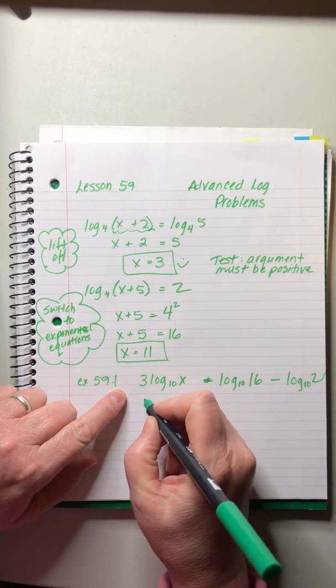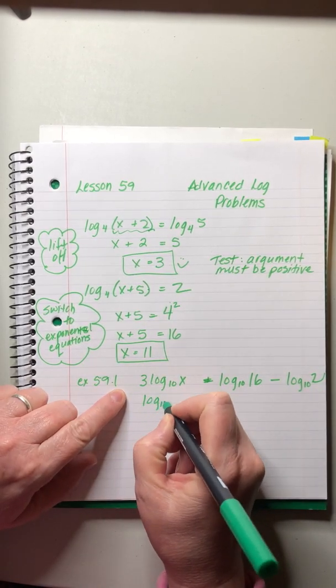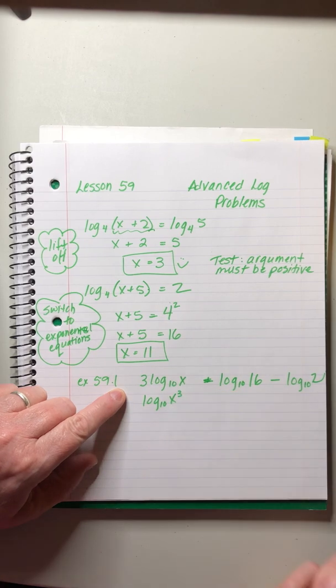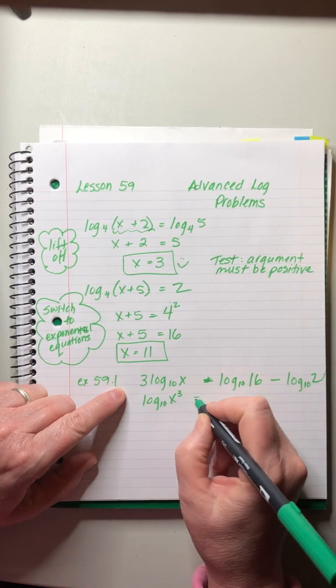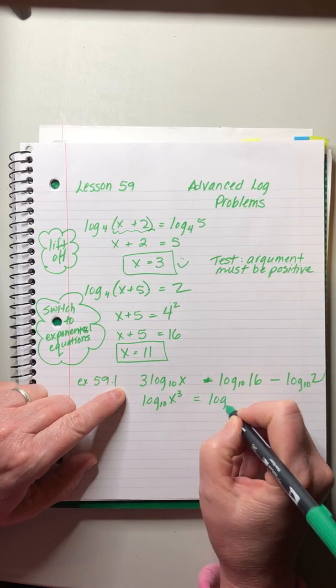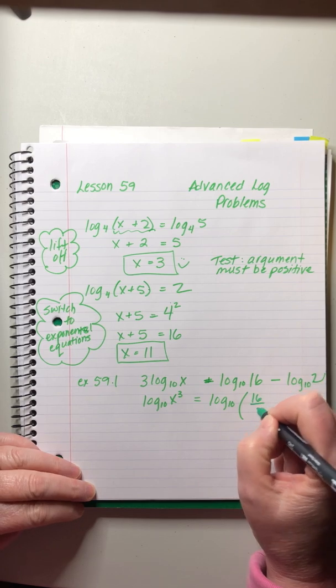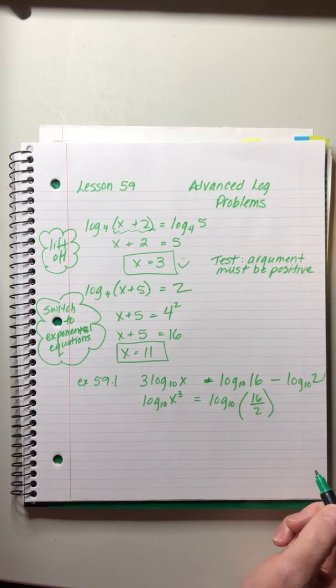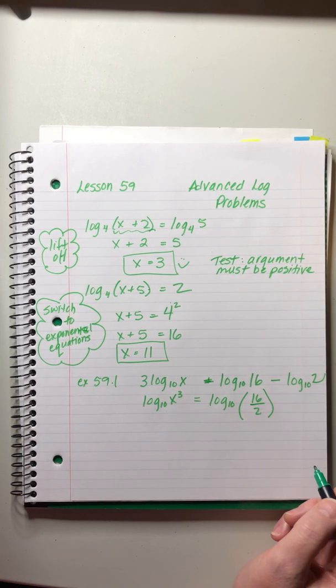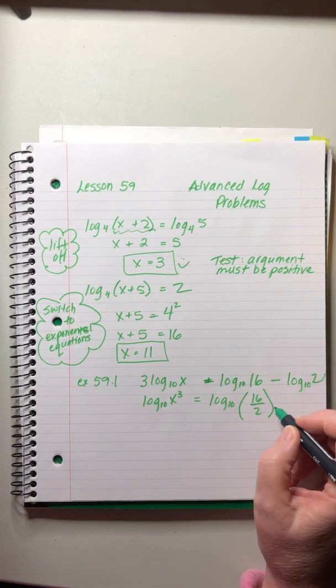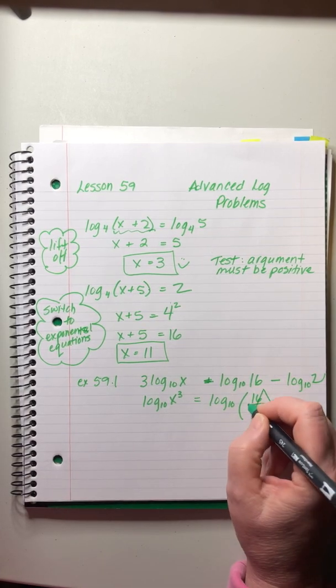So I'm going to rewrite this as log 10x to the third power, and I'm going to rewrite this as log 10 to the 16 over 2 power. And then I can simplify this to just 8.